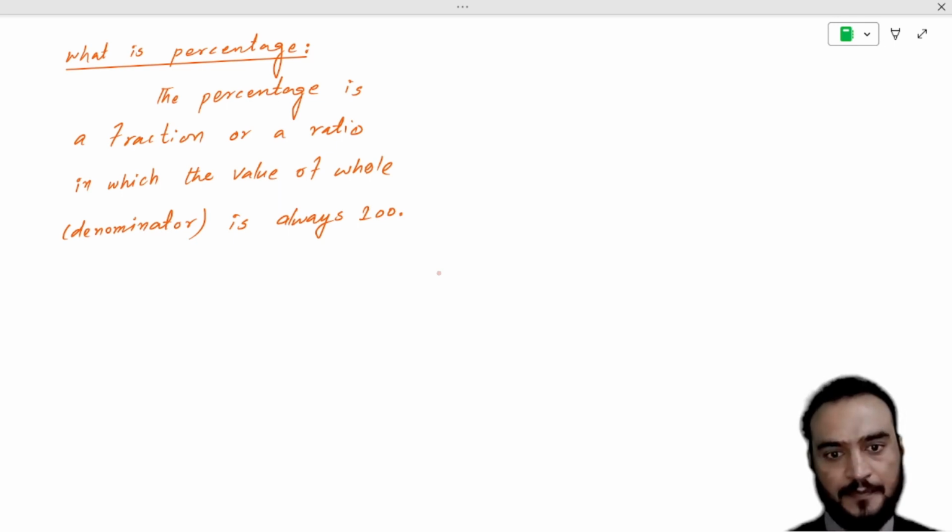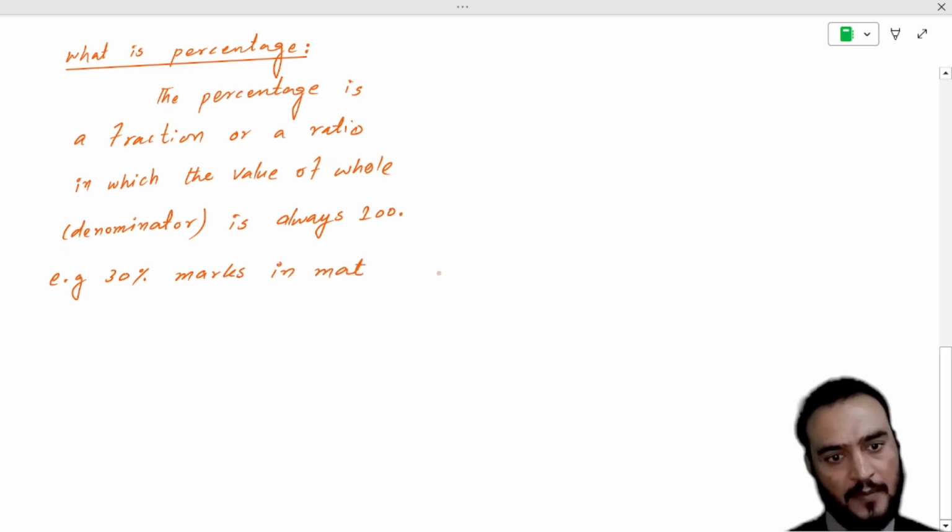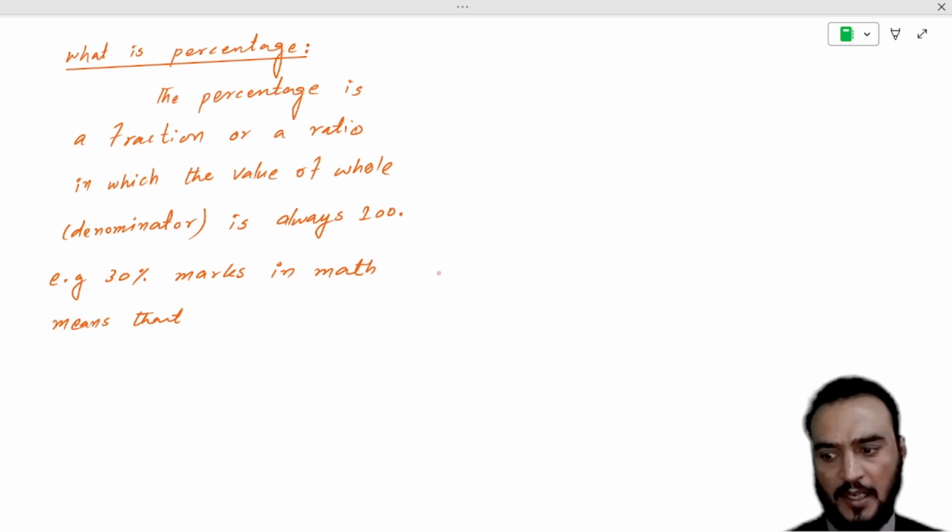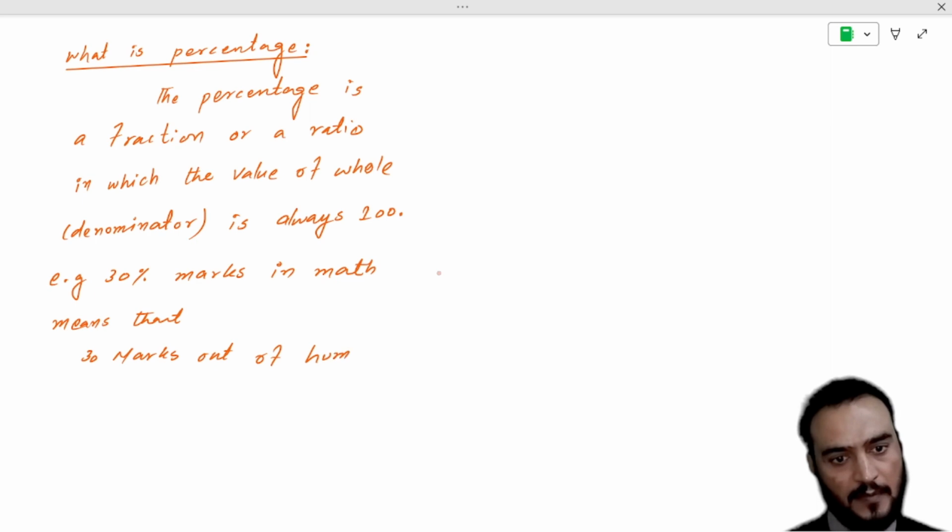For example, 30% marks in math means that 30 marks out of 100. 30% means 30 marks out of 100.